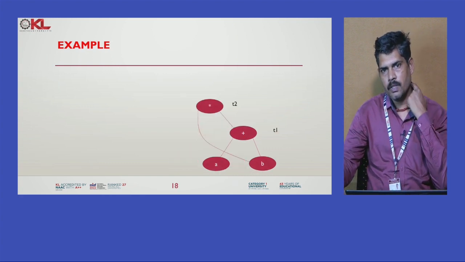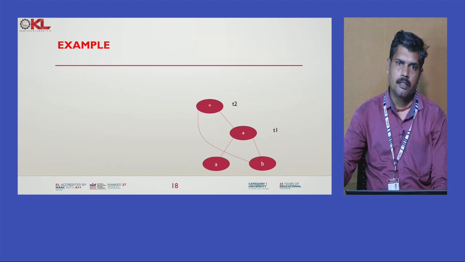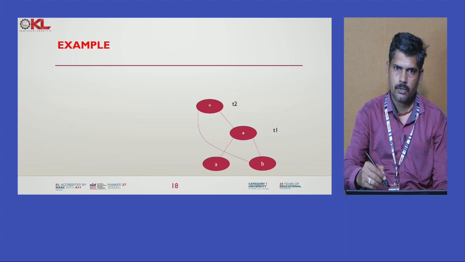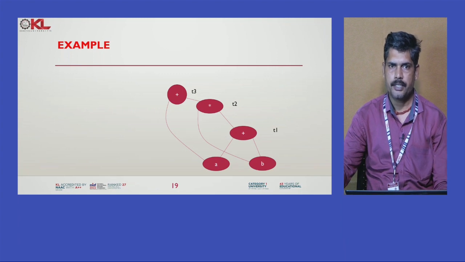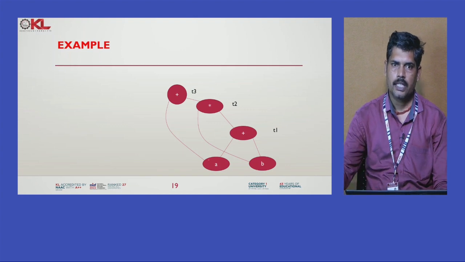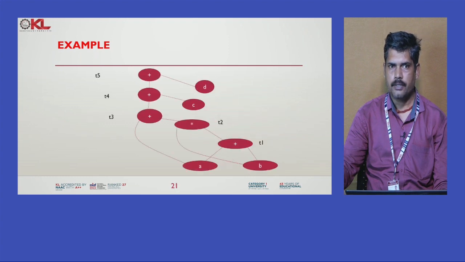Next, for t2, b into t1, the variable b already exists, so we connect b to t2. For calculating t3, a plus t2, the value a already exists, so a plus t2 gives t3, and then t4 and t5.